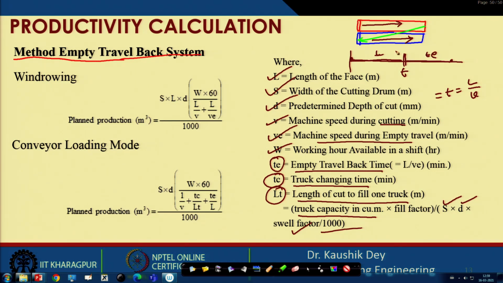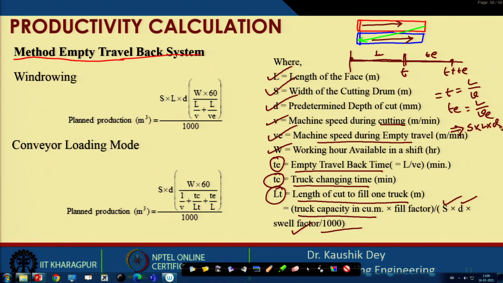So this point is T plus T e, the empty travel back time, where T e is L by V e, and in this total time, it will again start. So, in this total time, what is the production? The production is S into L into D.